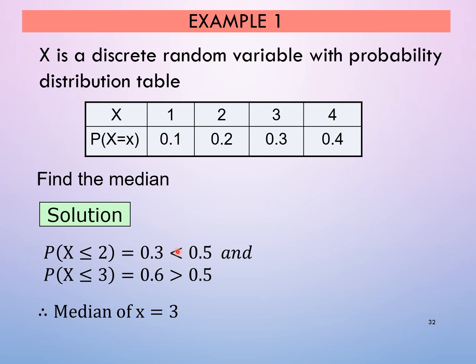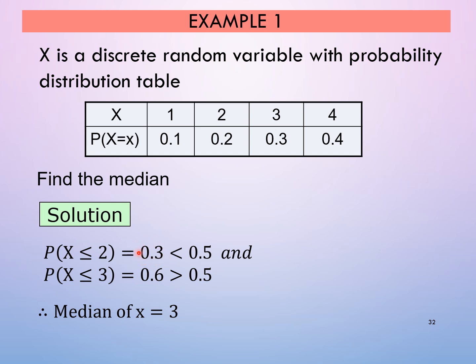So we cannot simply take the answer as 0.2. No, that's wrong. You have to sum up the previous values, which is 0.1 plus 0.2. Then you get 0.3 over here. This less than or equal sign is a cumulative, so remember to add the previous value.